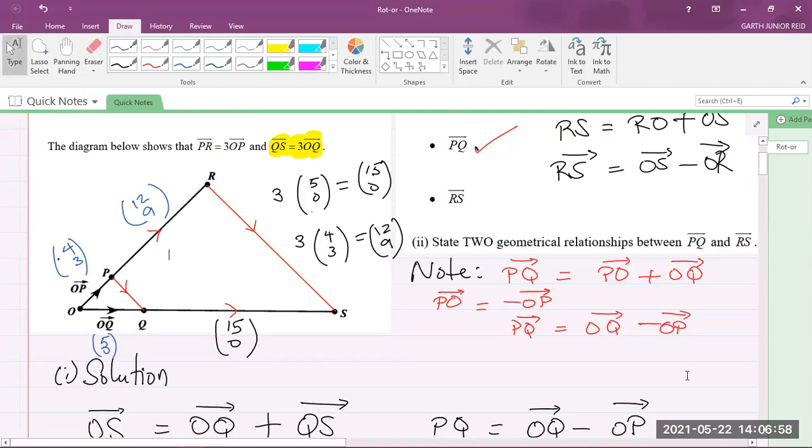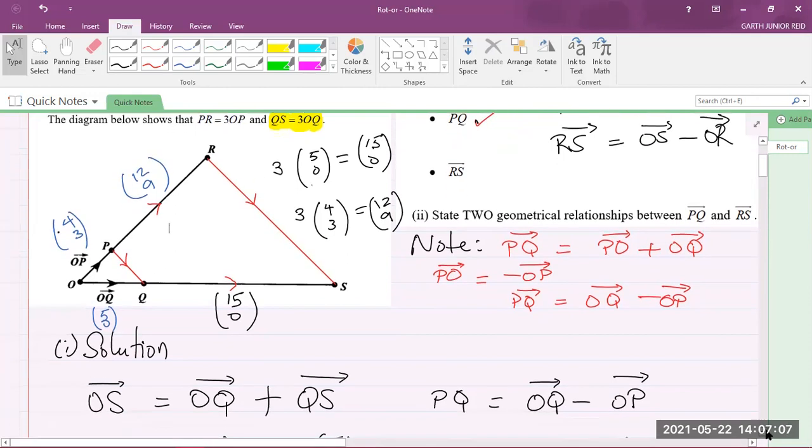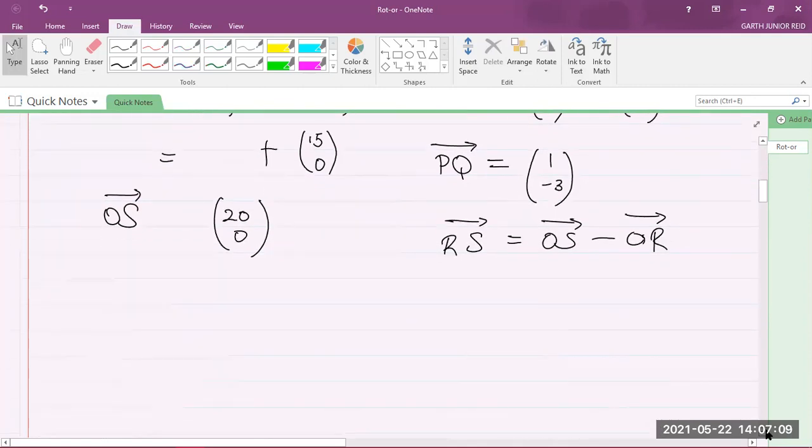I hope you can see that from the diagram. I want to move from O to R, so that's O to P, then from P to R. So let's write a statement here. This is now going to be equal to the vector OS minus the vector OR, which we're saying is equal to the vector OP plus the vector PR.